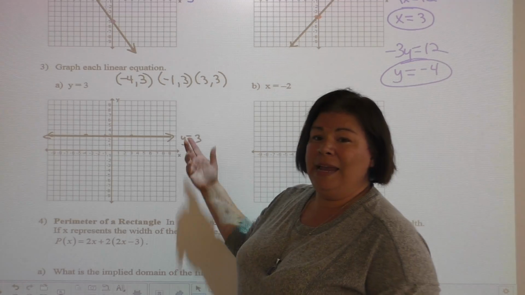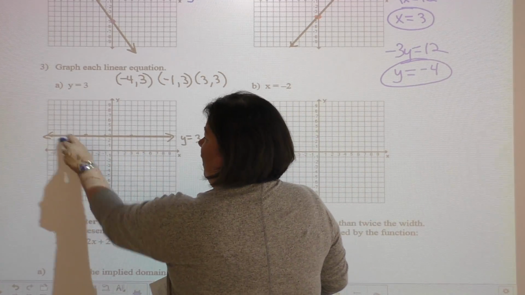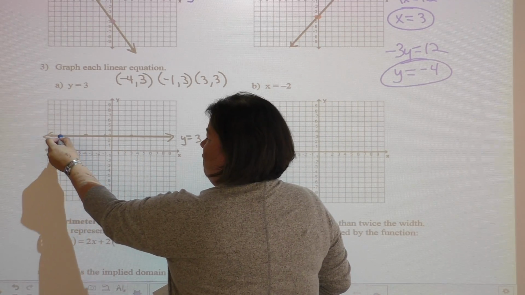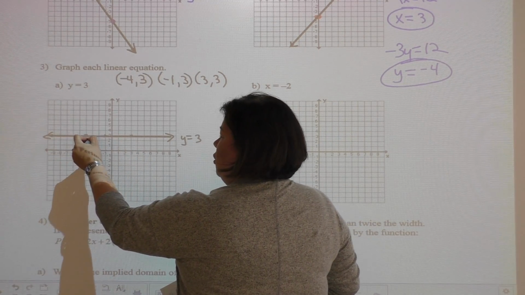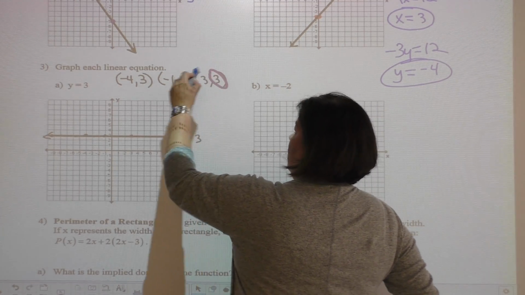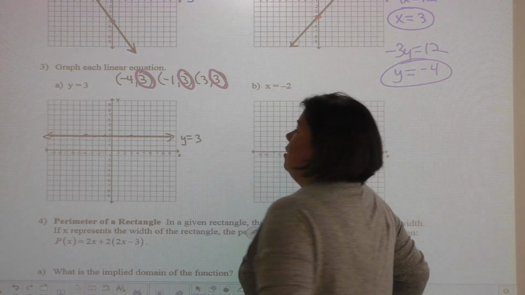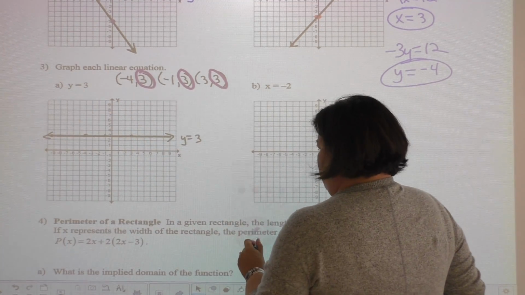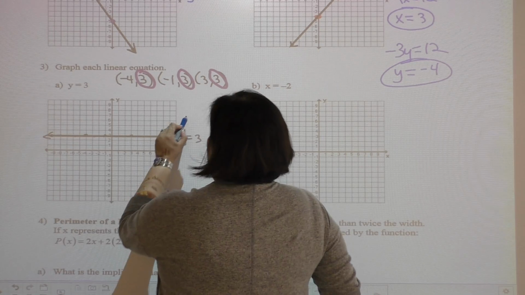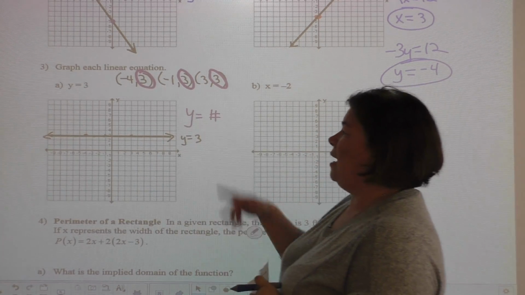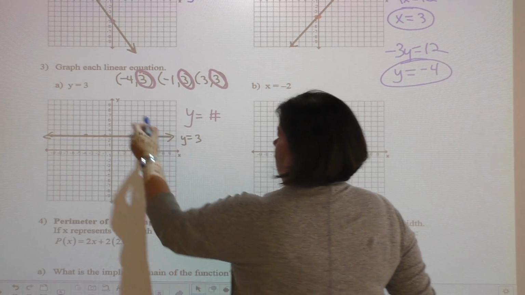What this is saying again is if you look at any x value, from negative infinity to positive infinity, no matter what x value you chose, your y value every single time is 3. So anytime you have an equation in the form y equals a number, that's going to end up being a horizontal line.